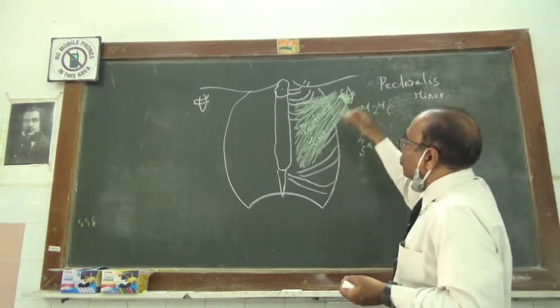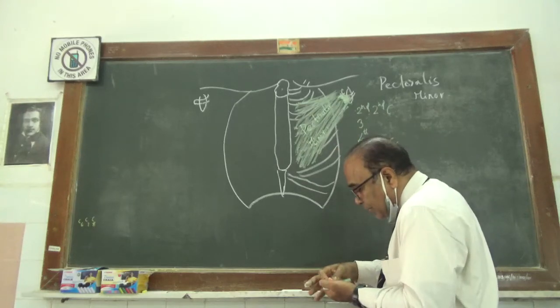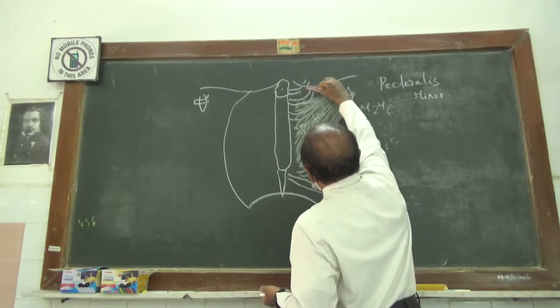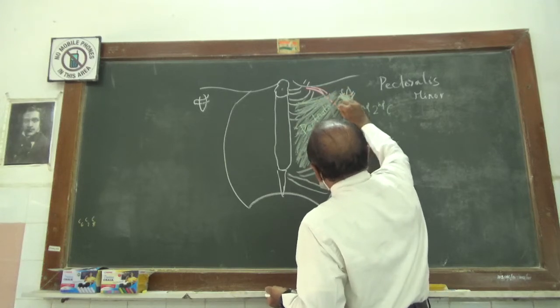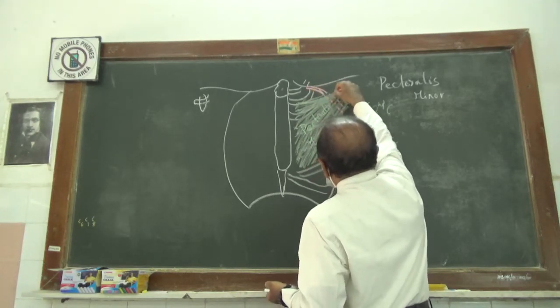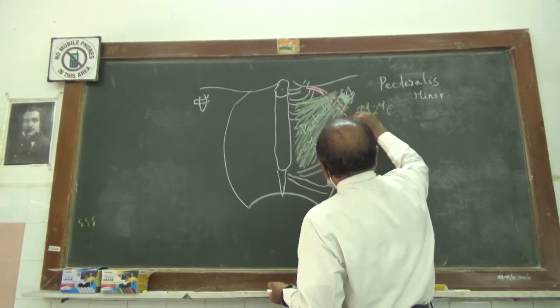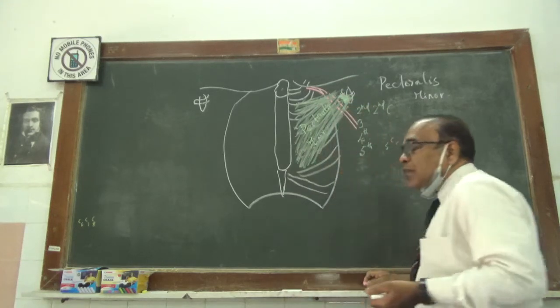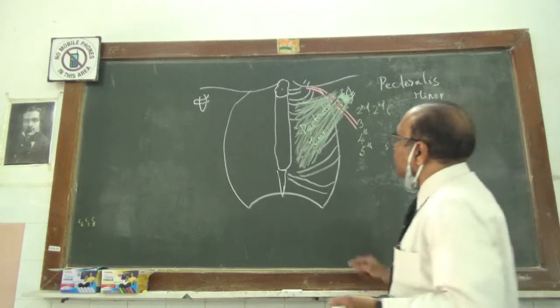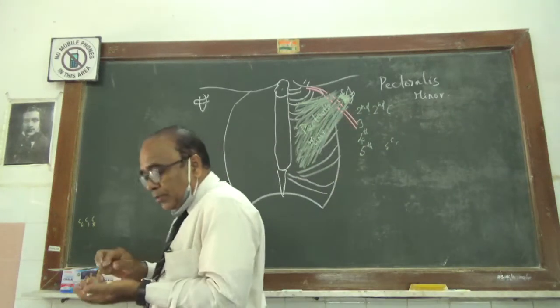While it is running, it divides the axillary artery into three portions: one which will be earlier to this, another second behind this muscle, and the third part below this. So this is the pectoralis minor.